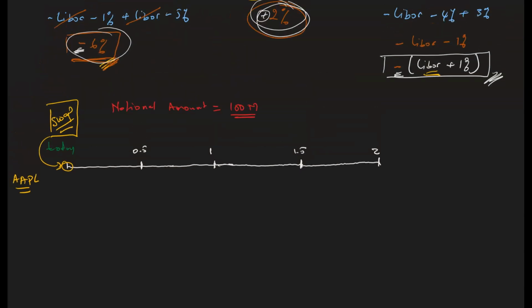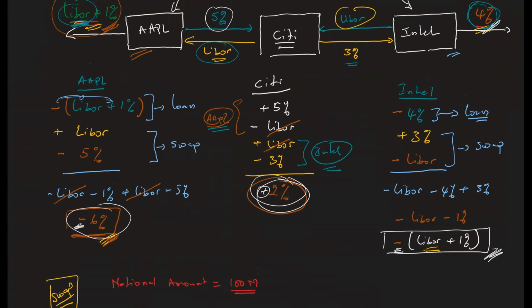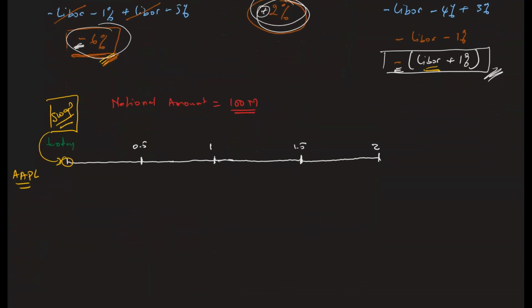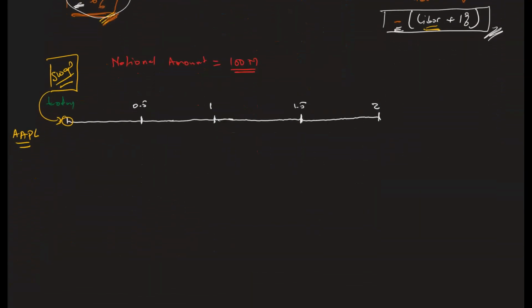What was the agreement about? Well, in our agreement, what did we say? Apple here was to pay 5% to Citi and receive LIBOR from Citi. Let's say we are here, and as of today, the LIBOR rate for the next year, which goes all the way to this point, is given at, say, 5%.